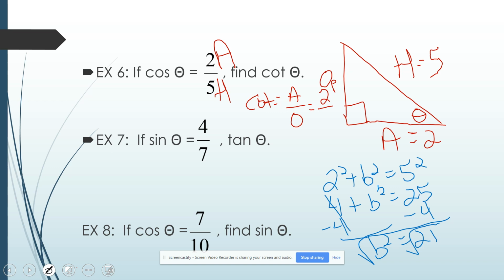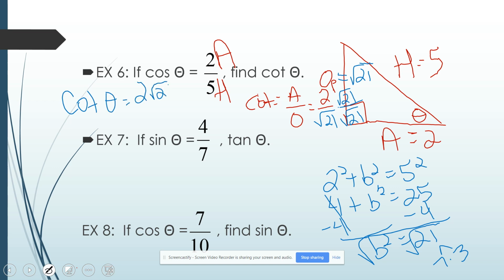Take the square root of 21, which we can't do because it's not a perfect square, and we get the square root of 21. 21 breaks down into 7 times 3, but there's no pairs in there for me, so I can't simplify that. So our side opposite is the square root of 21. Rationalize your denominator, multiplying by the square root of 21 over the square root of 21, and we get our cotangent of theta is 2 square root 21 over 21.